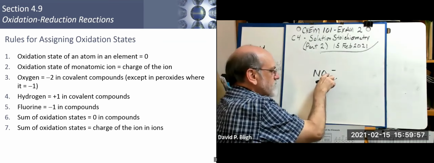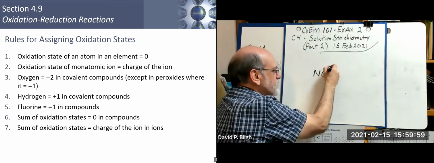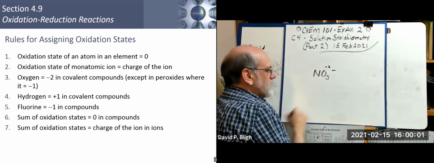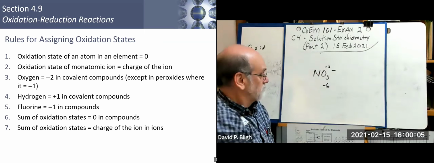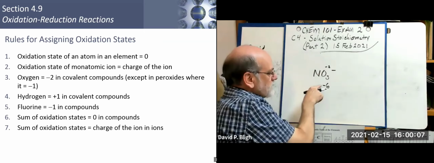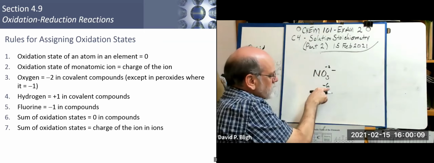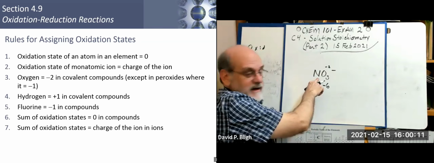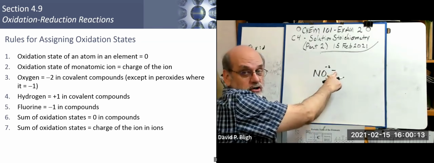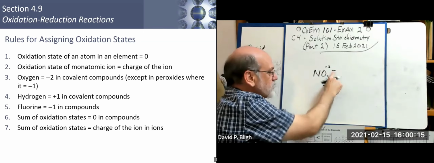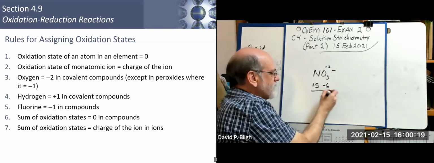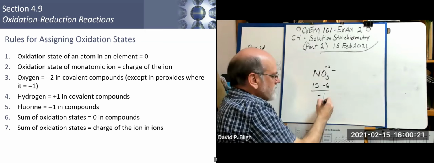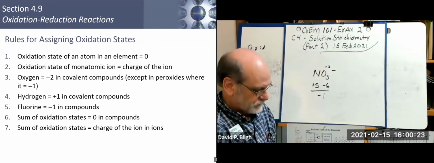So each oxygen is a -2, which means a total of -6. So the sum of this one plus that one has to add up to the charge. So how do you do that? A +5 and a -6 is a -1.